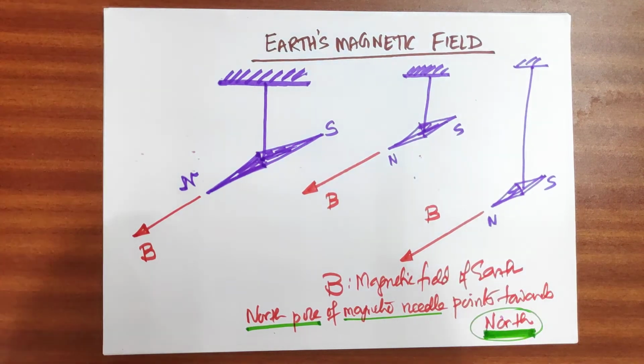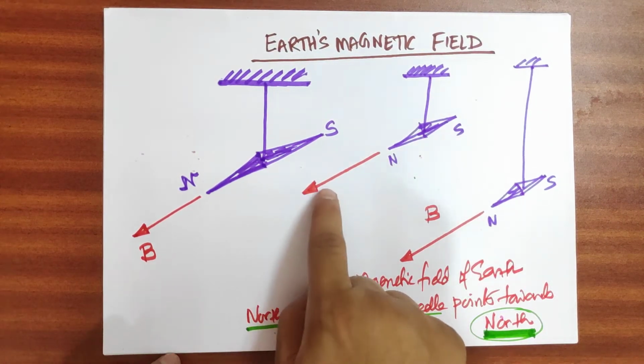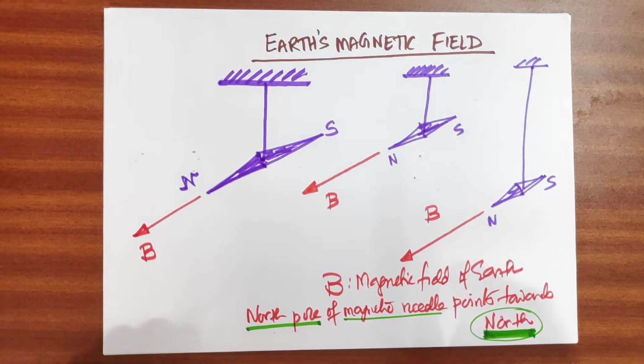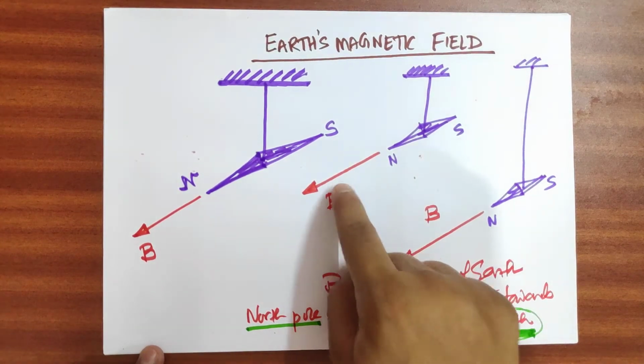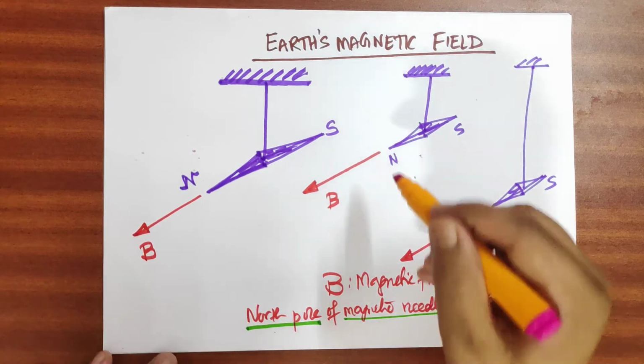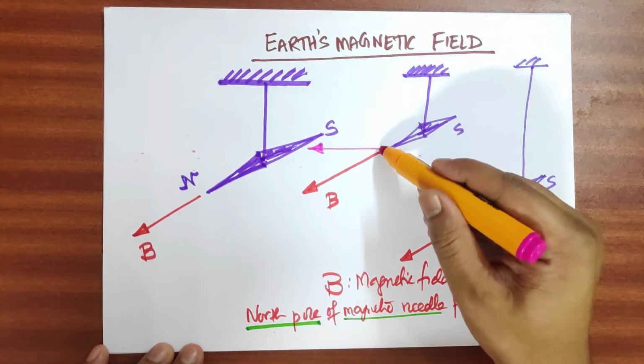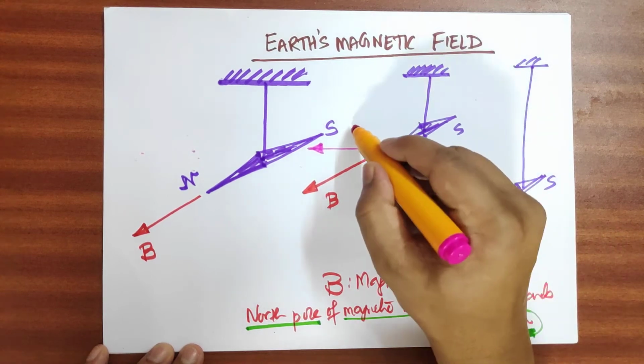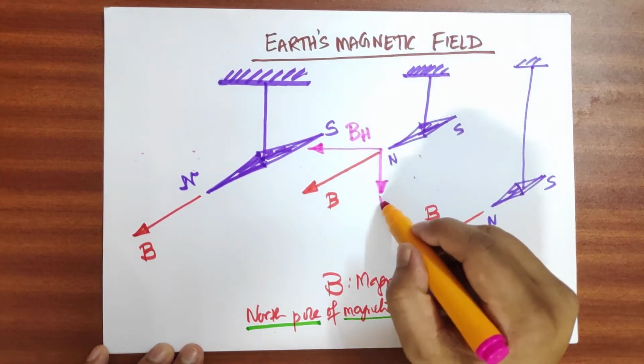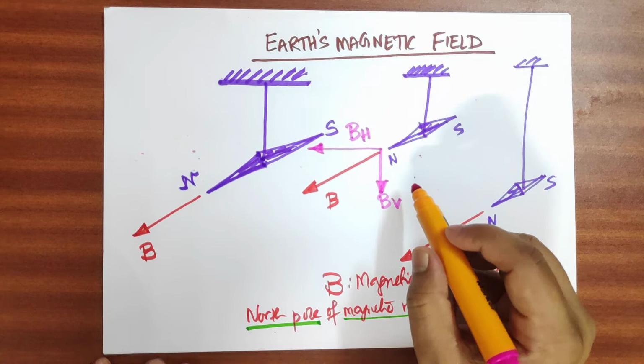Okay. So here, at this geographical location, this is the value of the magnetic field of earth. You can split it up into these two. This is BH and this is BV.